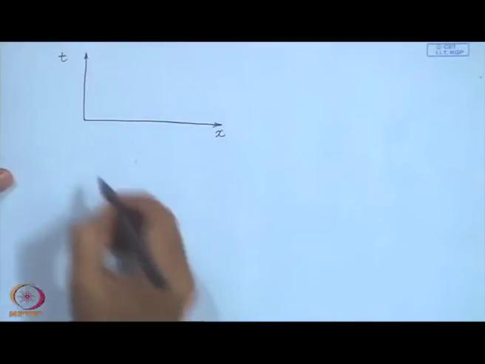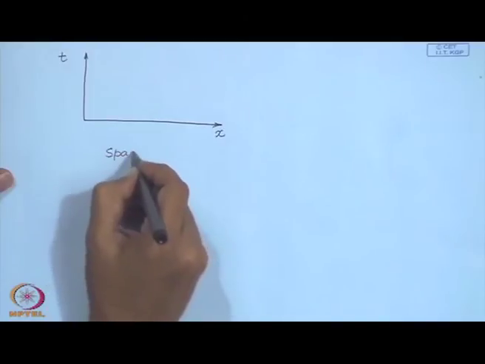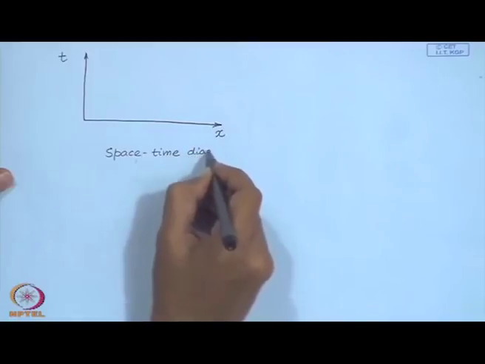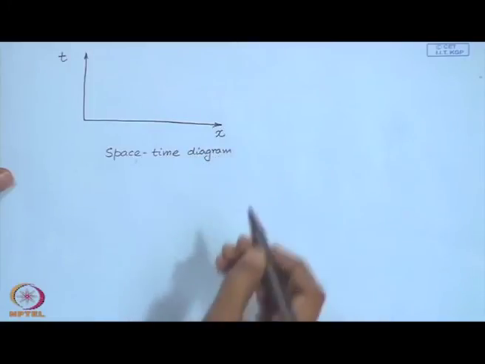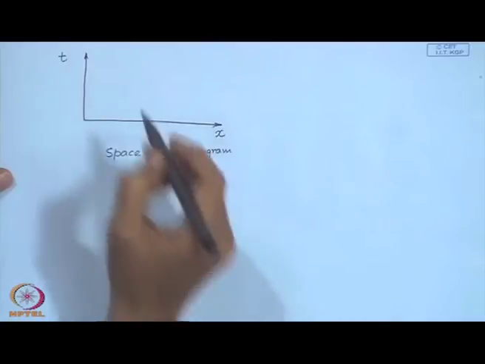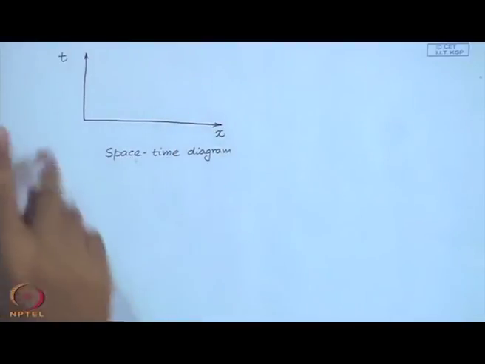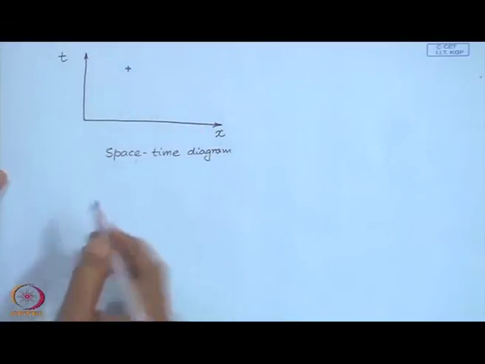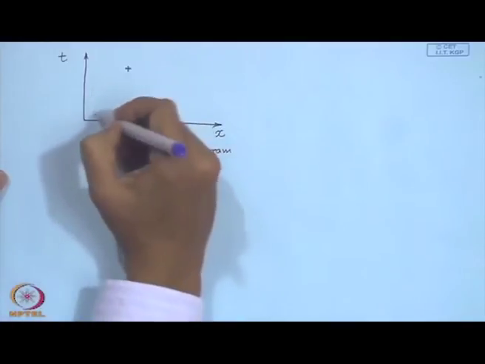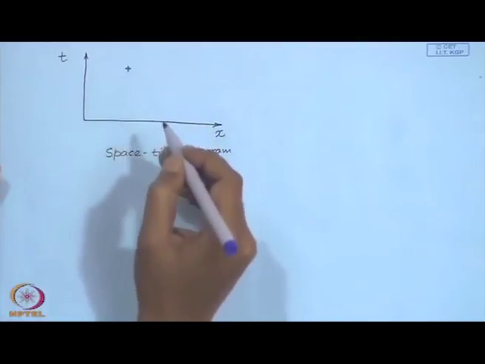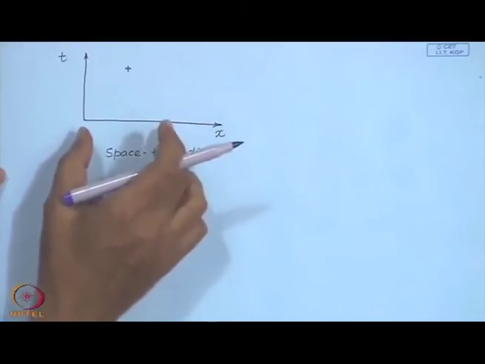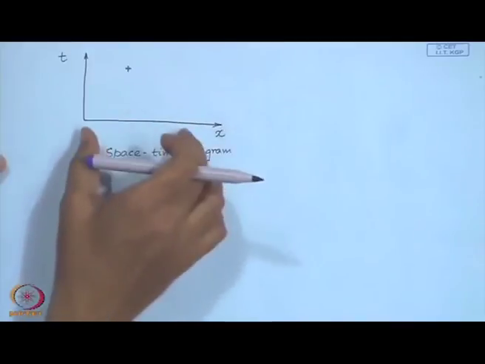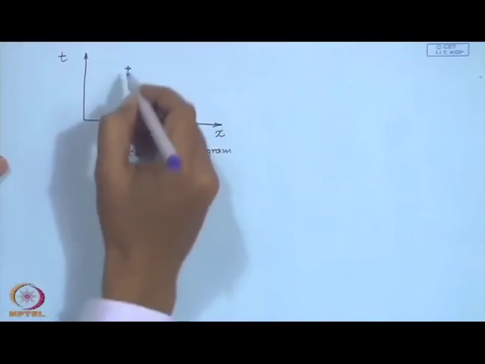So, this diagram is known as the space time diagram, and the solution at a certain point therefore depends on how these two waves, the opposite propagating waves starting from t equal to 0, reach this point.